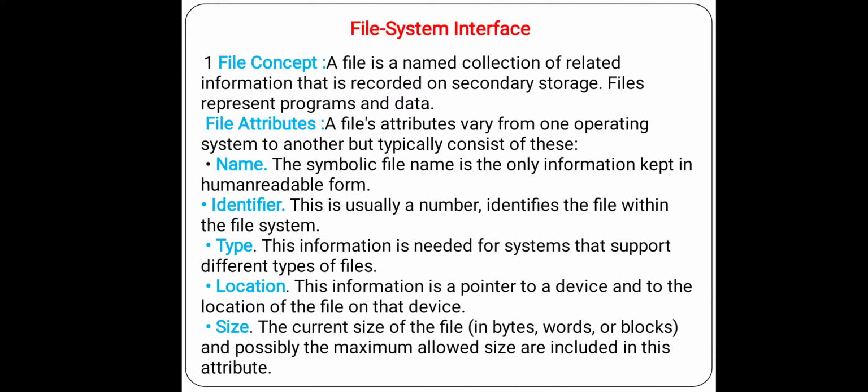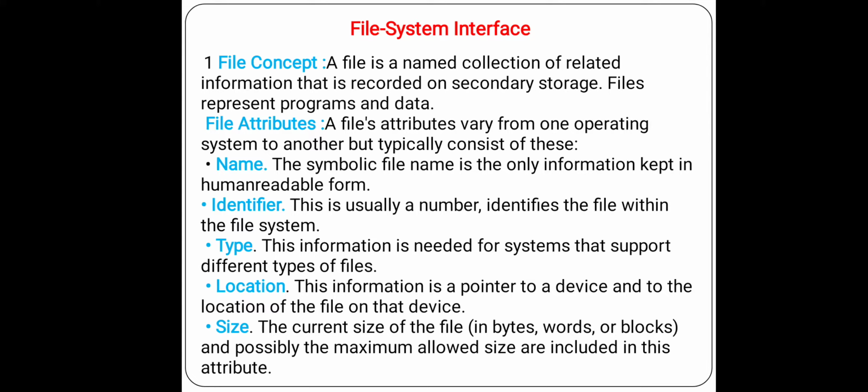One more time, a file is a named collection of related information that is recorded on a secondary storage. Files represent programs and data. We simply call it a file is a collection of related records, and the records may contain related information. It is the same, right?